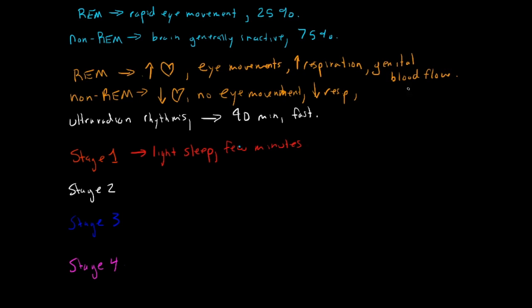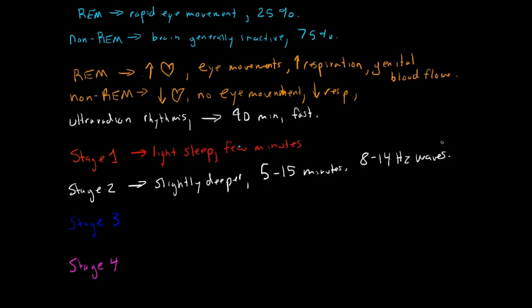It's pretty quick. So stage 2 is a slightly deeper sleep. It may last around 5 to 15 minutes. And it usually includes 8 to 14 hertz waves on an EEG.